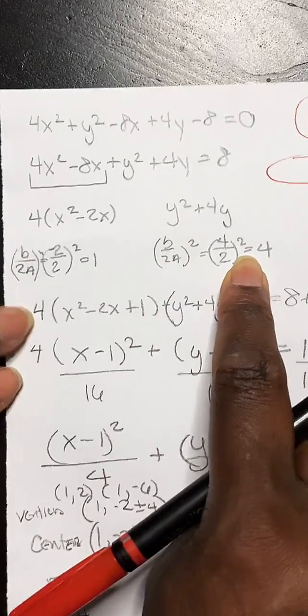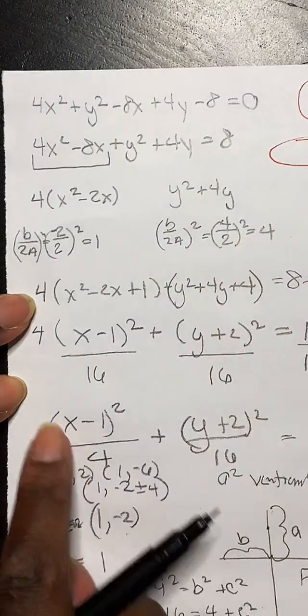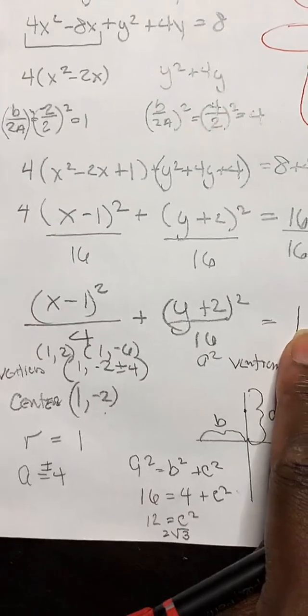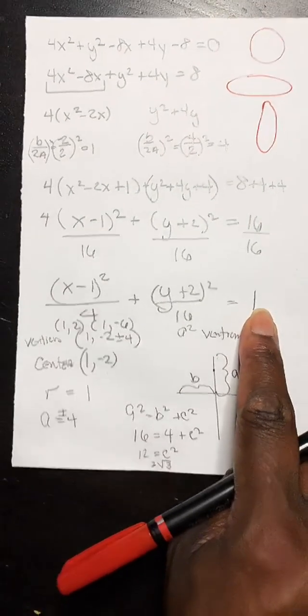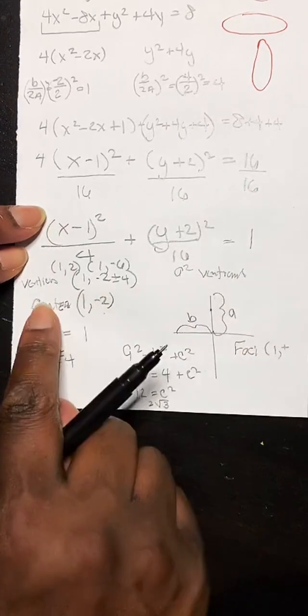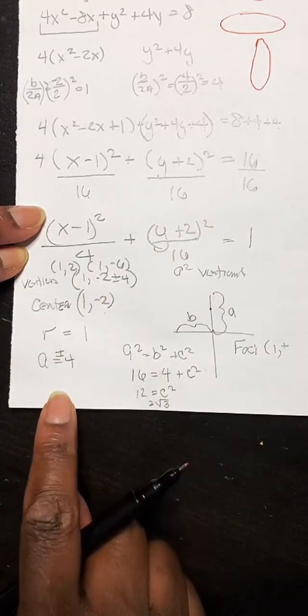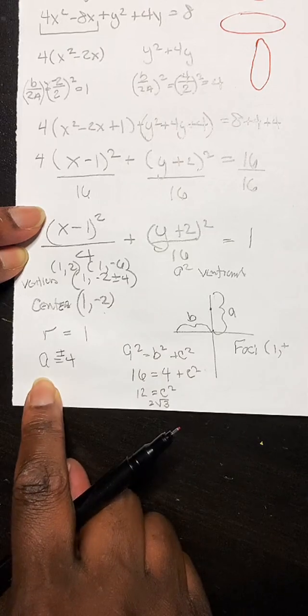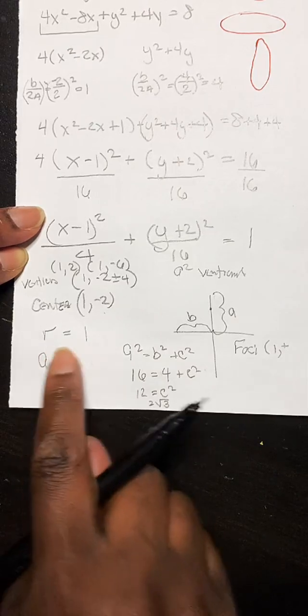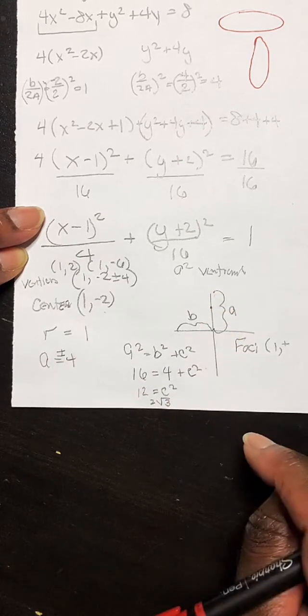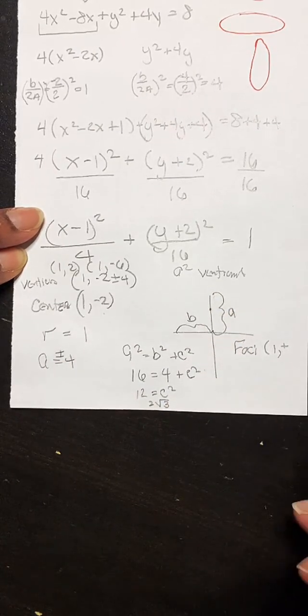We talked about completing the square at one point, and trying to get it into a formula where we can find the center, the vertices, where the distance away from the center is either left to right, or up and down, right?